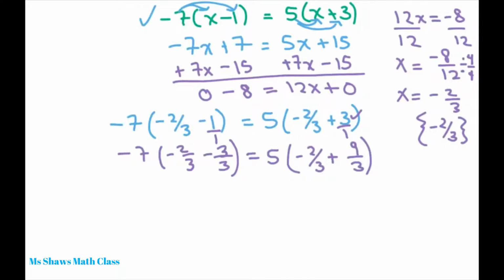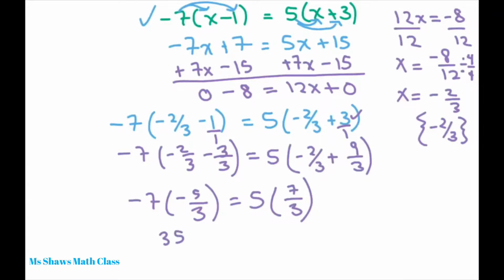So what we get is negative 7 times negative 5 divided by 3 equals 5 times 7 divided by 3. So this is going to be 35 over 3. And this right-hand side is 35 divided by 3. And our goal was to see if these two sides equal. And they do. So our solution set is correct.